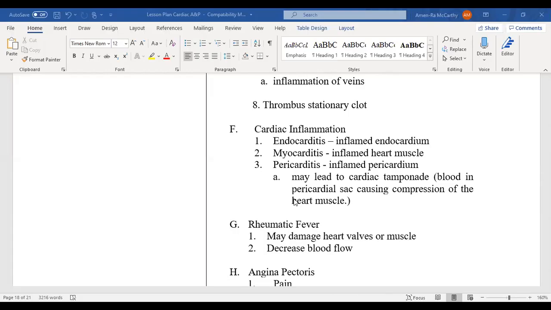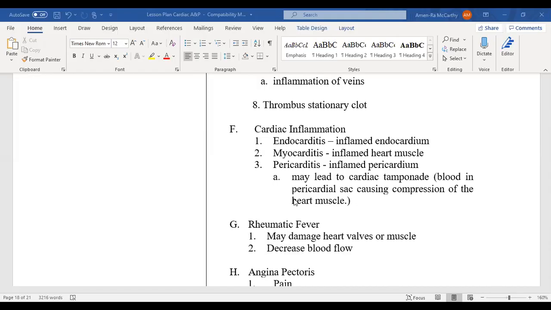So the sac is the pericardium, right? That's the sac that the heart sits in. The most inner layer of the heart, what's this called? Endocardium.